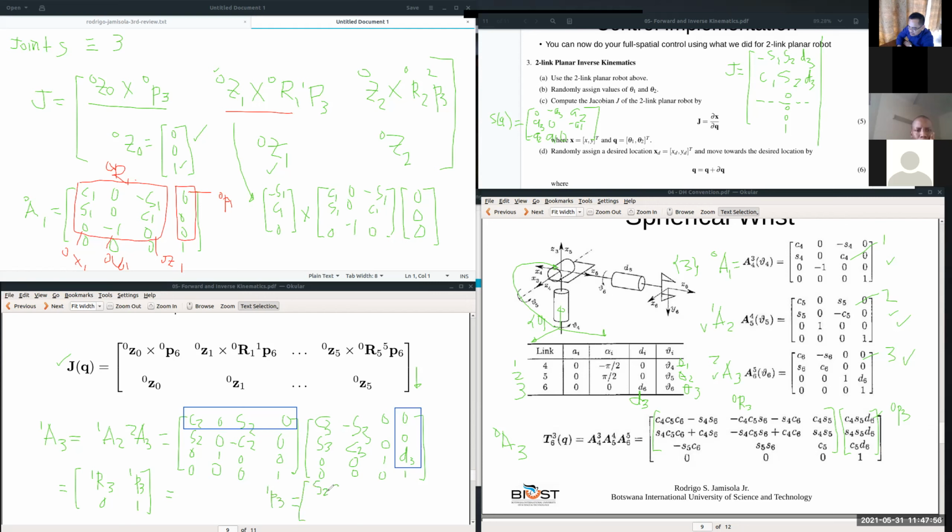Okay, so next, let's go to the next row. And I want the blue. Okay, next row, this one, and the same column. So what's that? S2 times 0 plus 0 times 0 plus minus C2 times D3, plus 0 times 1.